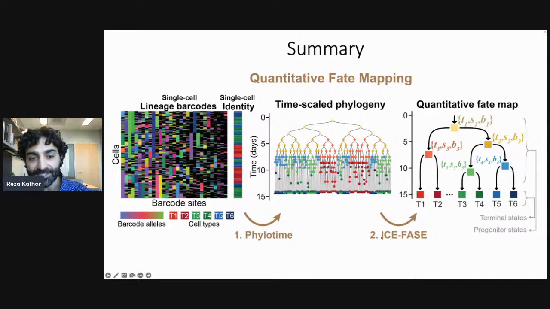Then the ICE-FASE algorithm uses this time-scaled phylogeny and the nodes within it that have information about fate decisions to reconstruct the hierarchy of the progenitor states that led to these observed terminal cells, as well as decipher important parameters about each progenitor state's behavior, which are its population size, commitment time, and commitment bias.